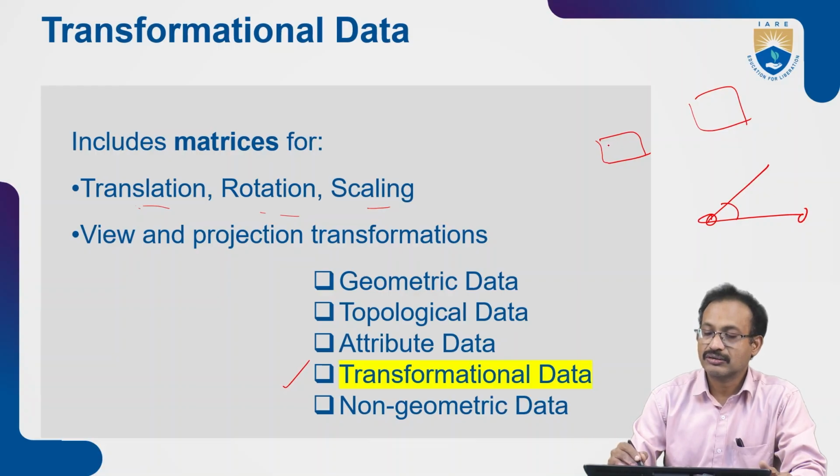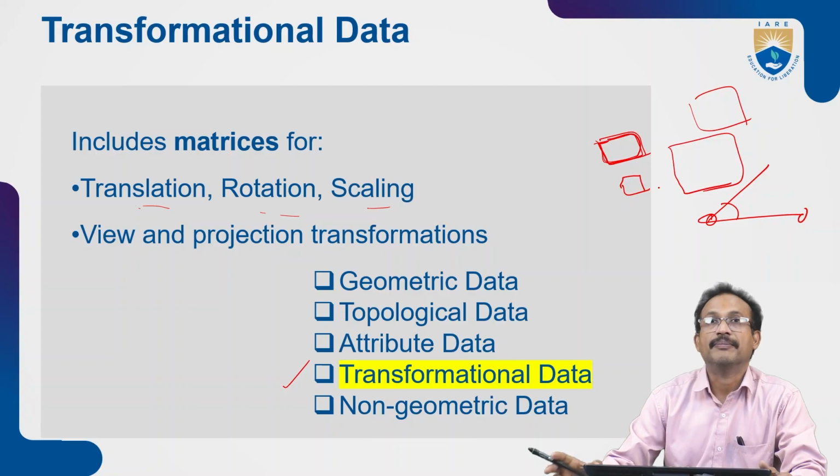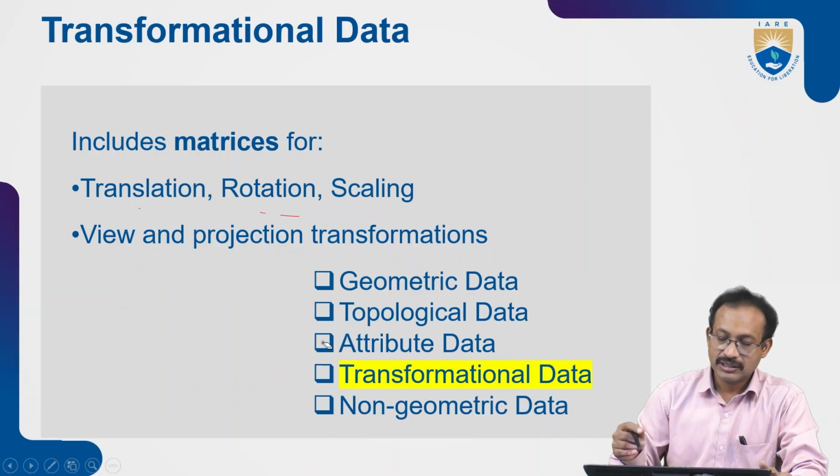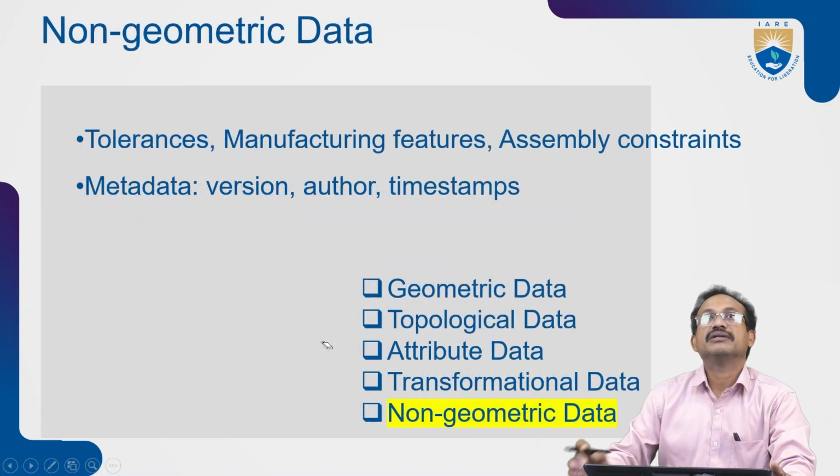And scaling, we can scale down or scale up. Let us say this is the original one, we can scale down or we can scale up. That is about the transformational data.